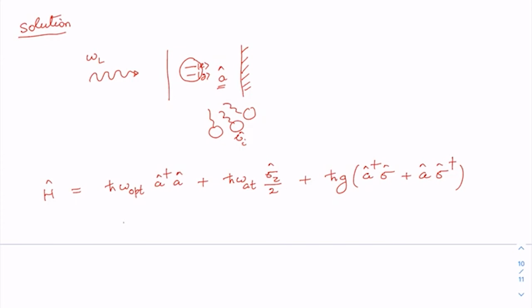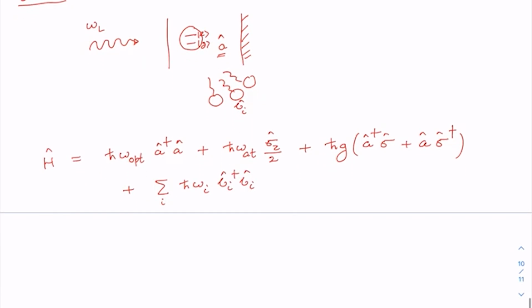Then the bath is also a harmonic oscillator, a collection of harmonic oscillators, that I can write as h cross omega i b i dagger b i. And the cavity is driven by this external laser, which we can capture by writing h cross omega drive, that is the driving amplitude. Because of this drive, a photon is created inside the cavity. So we have a dagger e to the power minus i omega L t, and it has to be Hermitian, so the Hermitian conjugate is also there.